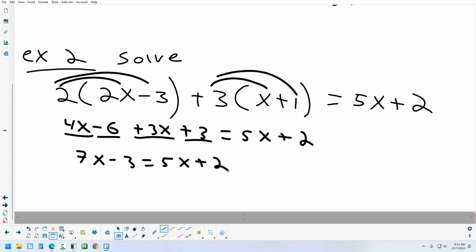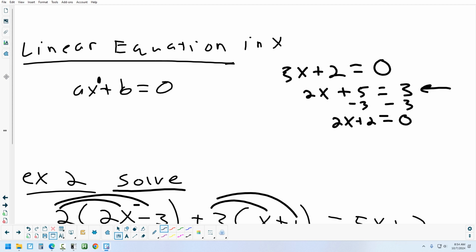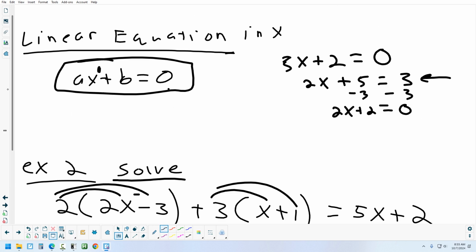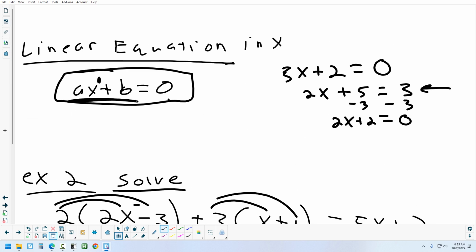All right, so now in this problem, the goal is to solve it. In order to solve this, we don't want to get it equal to 0. We want to get all the x's on one side, and we want to get things without x's on the other. This is just what a linear equation can look like. So if you could rearrange this to get everything on one side and have it look just like that on the other side, then that just means it's a linear equation.